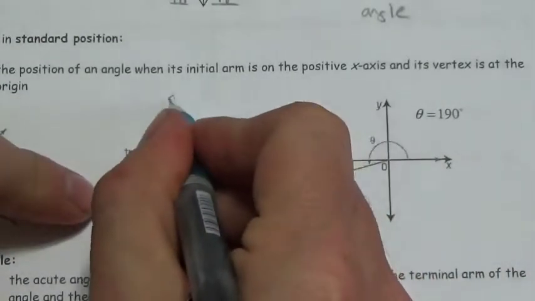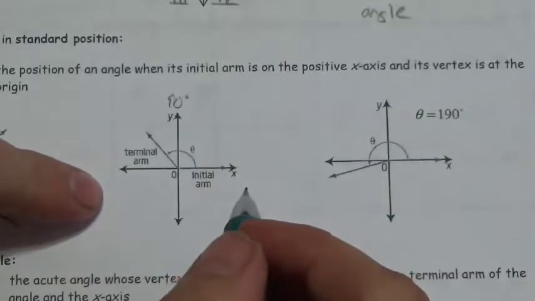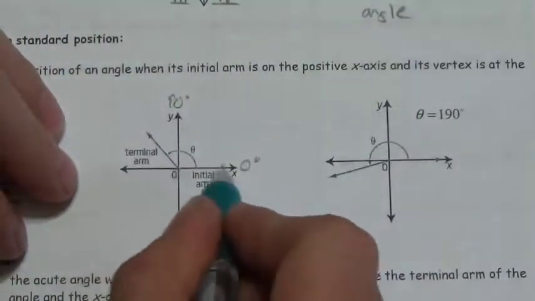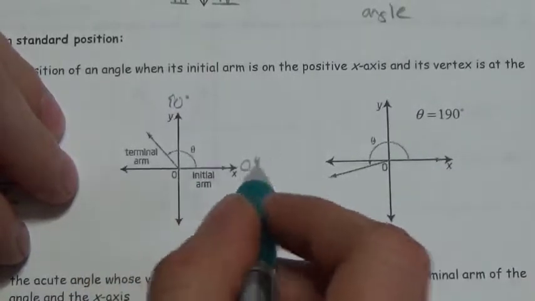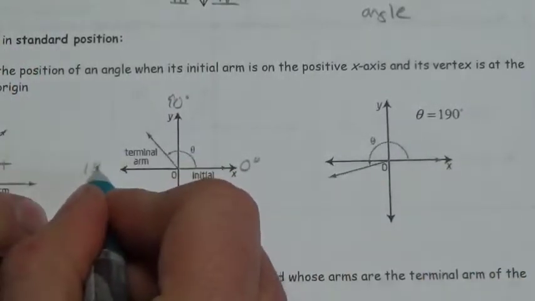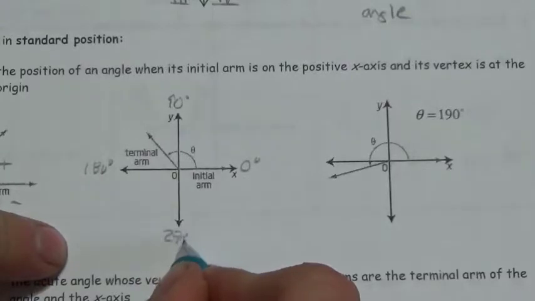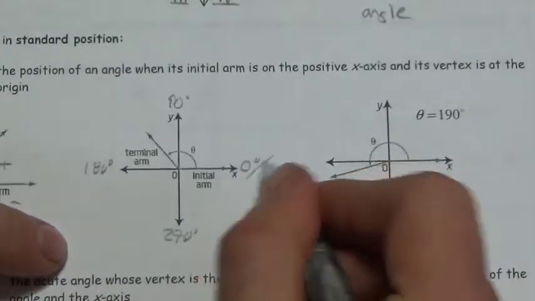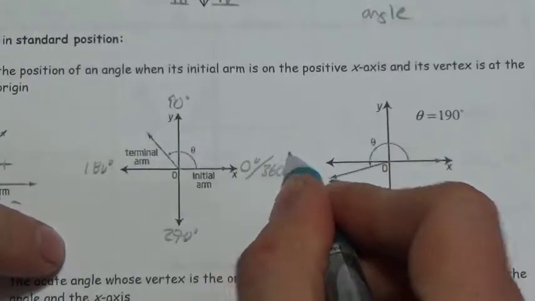Now bear in mind that the positive y-axis is going to represent 90 degrees. This would be 0 degrees here. If your terminal arm was on the positive x-axis, that's 0 degrees. That's 90. Out here would be 180. Down here would be 270. And when we come all the way back here, this angle becomes 360.